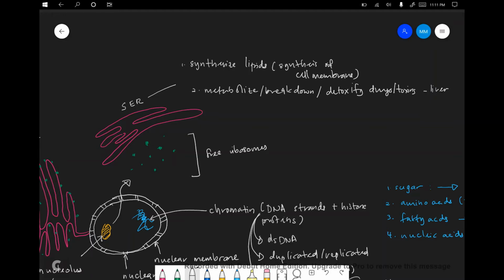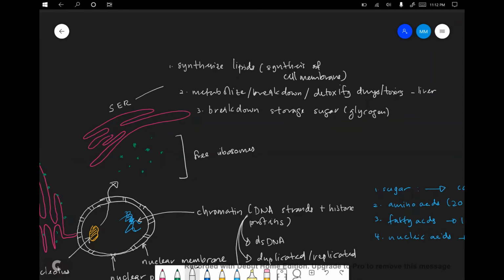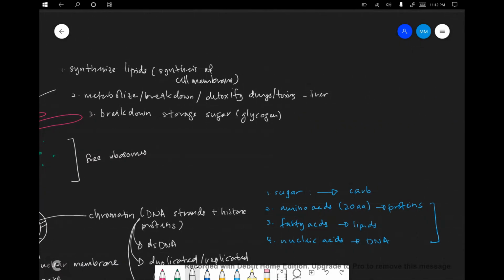And then number three, the function of smooth endoplasmic reticulum is to break down or metabolize storage sugar. Storage sugar here refers to glycogen. Now, I want to bring back your idea about sugar that is present in plants and also in animals.